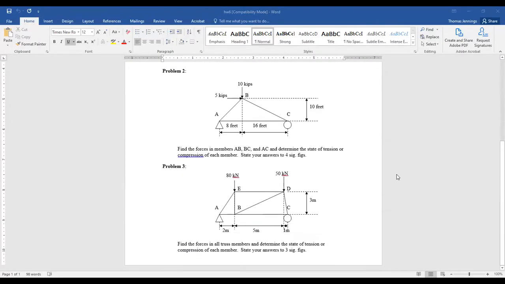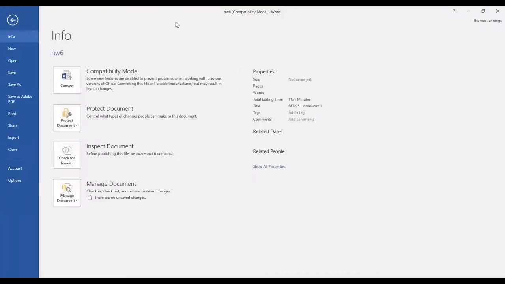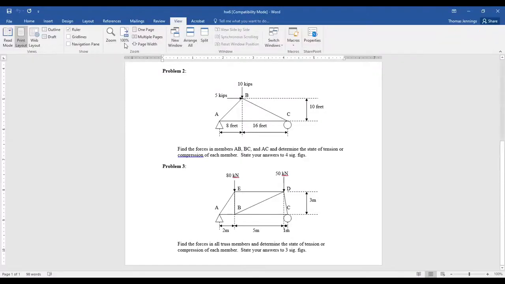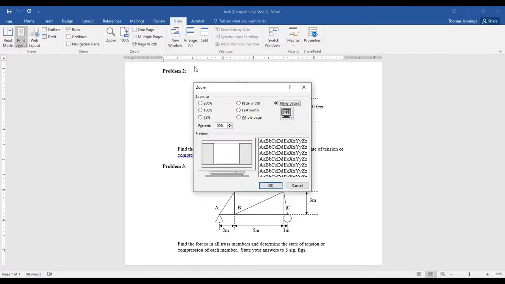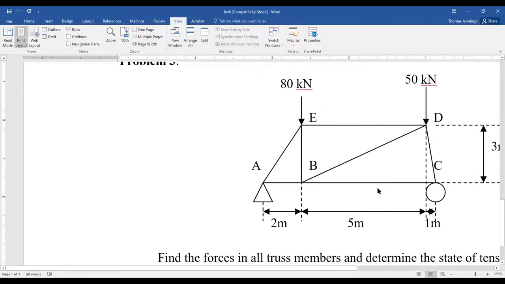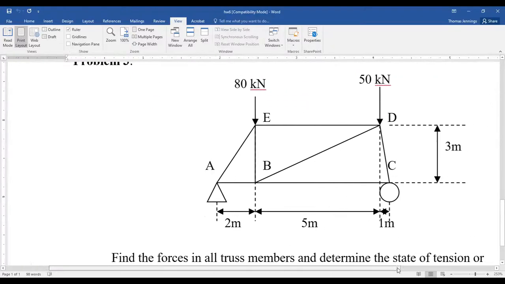Problem number 3 is this one right here. Let me zoom in on it a bit. We'll go with text width on that. There we go. All right, so there's our problem.